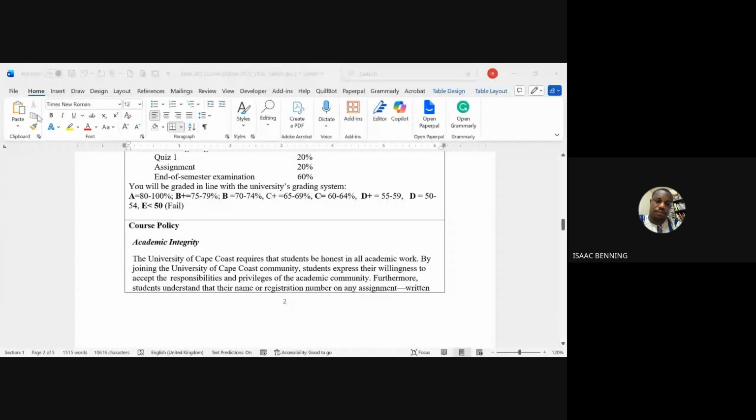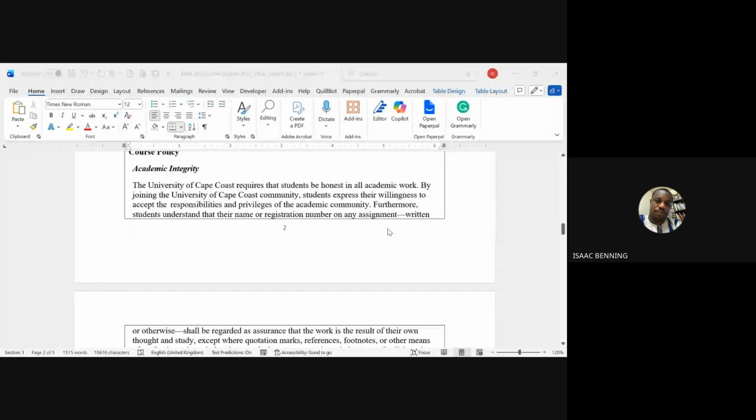Academic integrity. Once you gain admission into the university, you are required to be honest in all your academic activities.